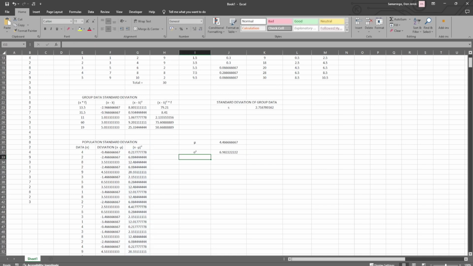Now we can get the sigma, which is simply equal to the square root.